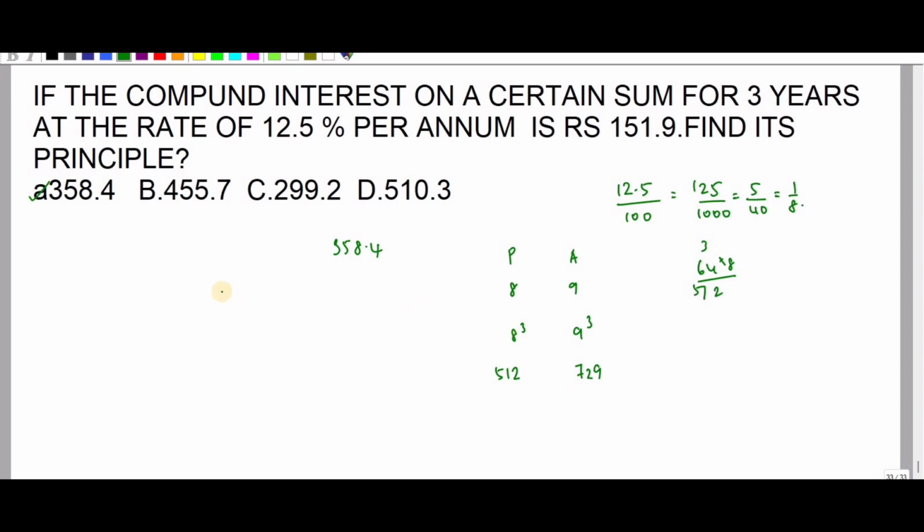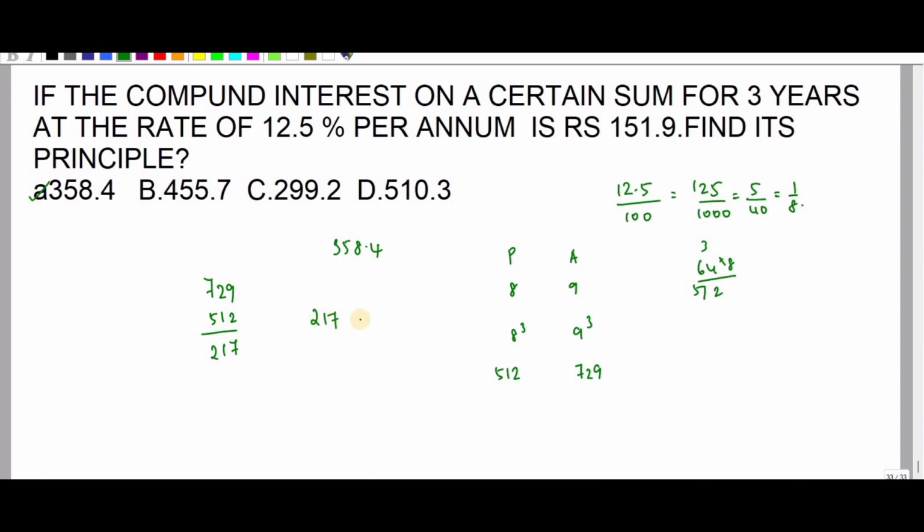We know that the difference between the principal and the amount is the compound interest. So 729 minus 512 is 217. So 217 is my compound interest.